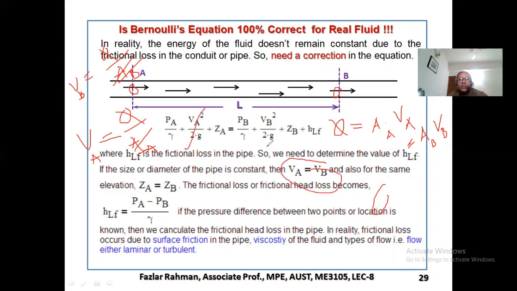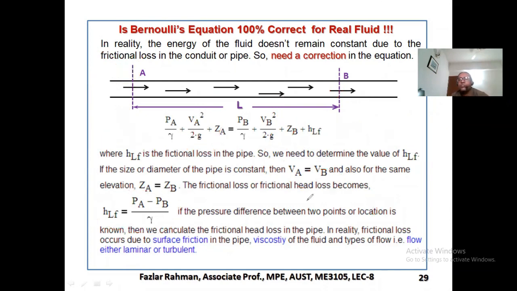So this term will be out, this will be out. And ZA and ZB are the same. So what will remain then? PA by gamma, PB by gamma plus hydraulic loss. So from this equation, if you figure out the hydraulic loss, that means hydraulic loss equals the pressure difference between the 2 points.